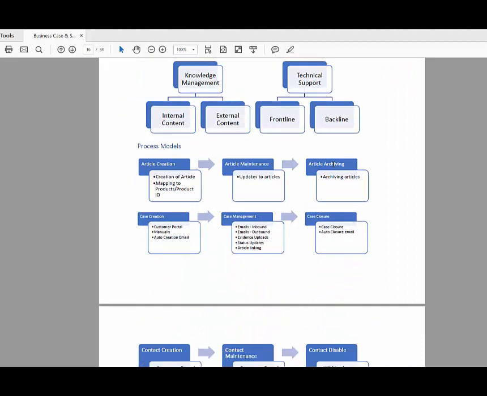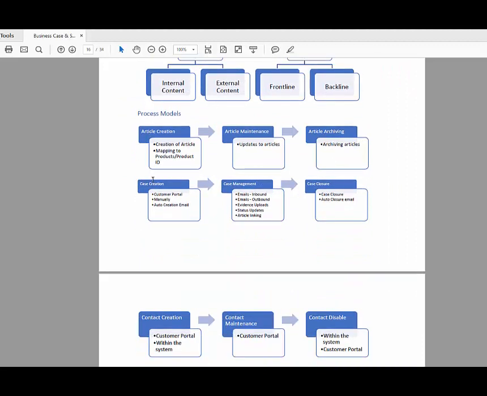We also did some process modeling as well for case creation, for article creation, for contact creation. We wanted to make sure, again, that if there were any improvements that needed to be made to the processes followed today, or if we needed to include another area within the creation or utilization of the software system, that we were calling that out.